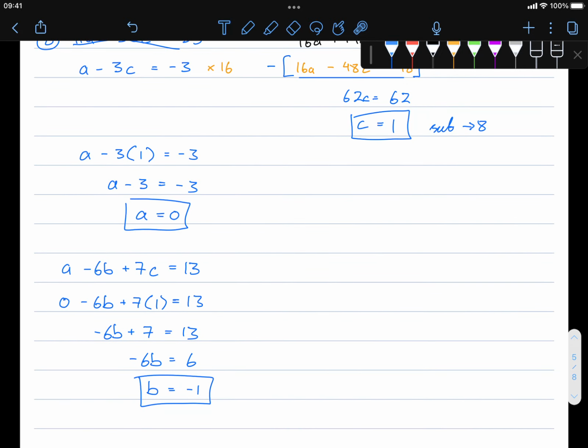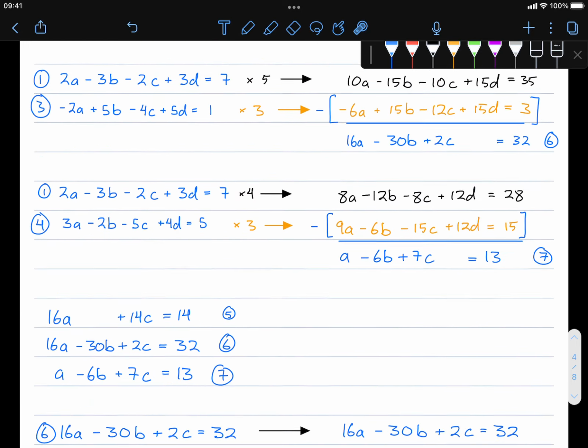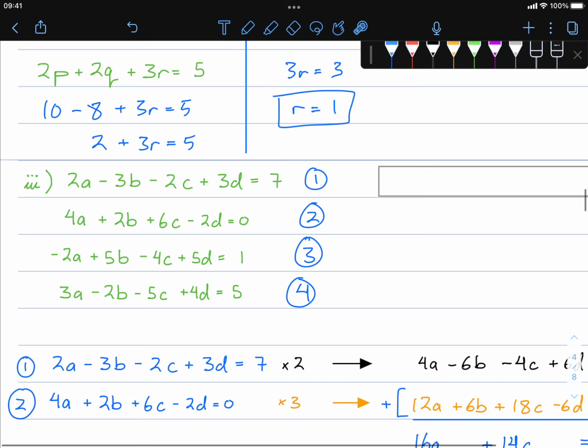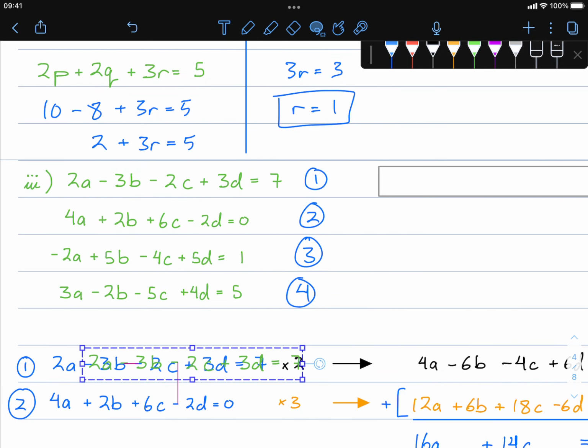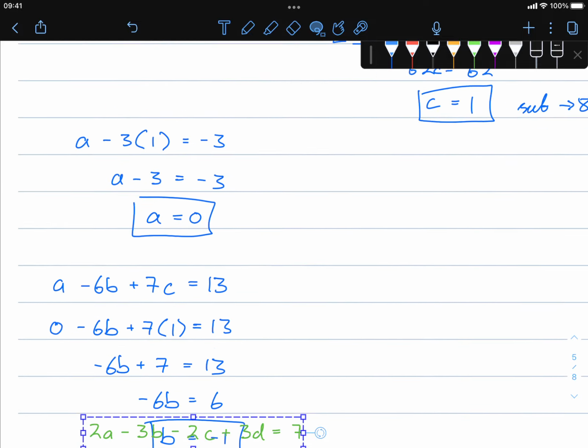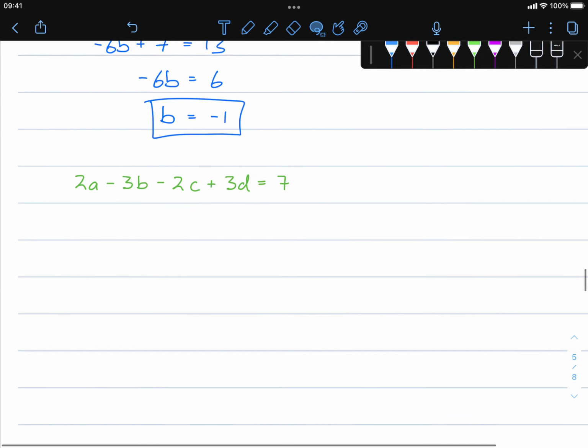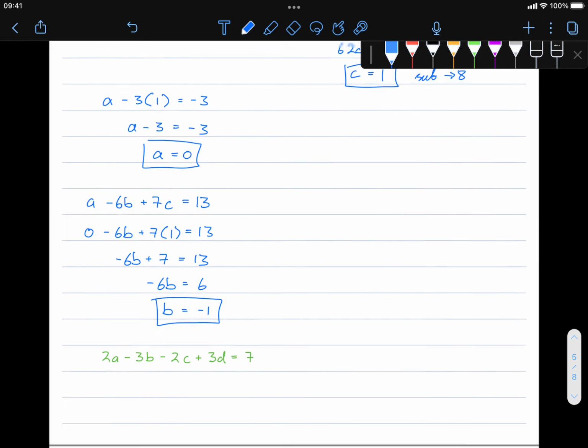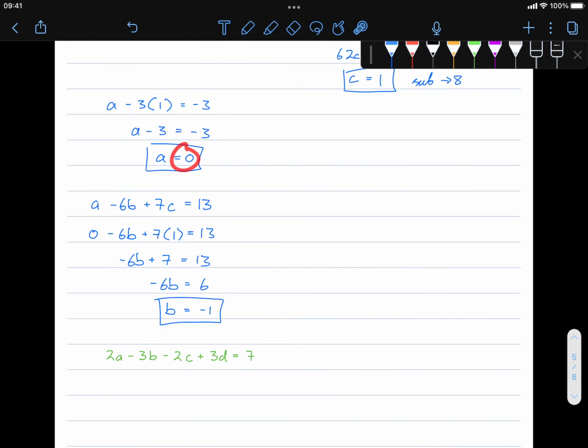And once again, now that we have 3 variables, we're going to take these 3 and substitute them into one of the original 4. The one that I can see with the smallest numbers, it really doesn't matter which we pick. I'm just going to pick this one because it has the smallest numbers. So substituting a is 0, so 0, substitute here. It's going to be 0. Substituting b is negative 1.